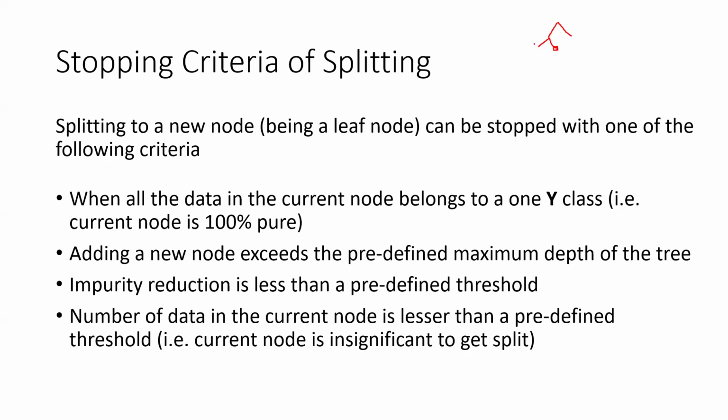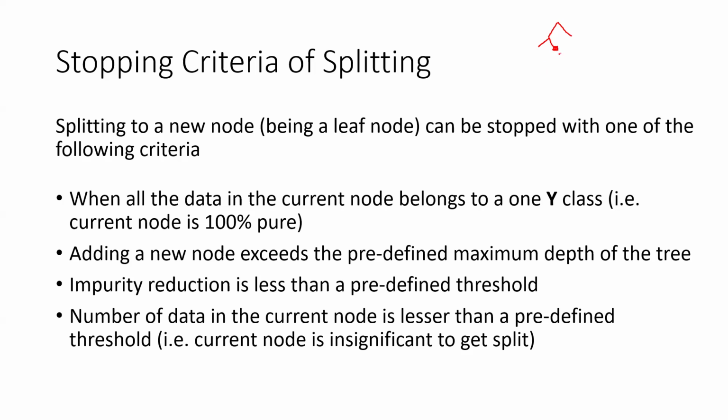So for example, if this is the variable known as BMI greater than 80, and after this variable all the data points can be classified with 100% accuracy, so no errors, that means you don't have to add any more nodes into this particular node.